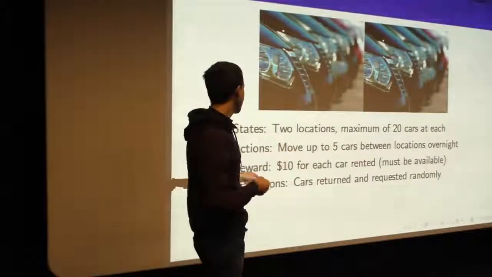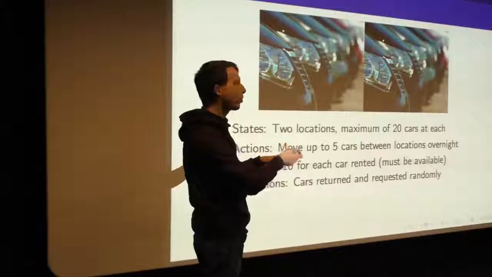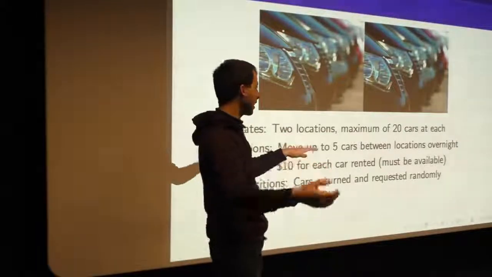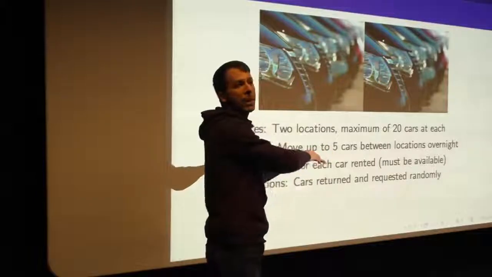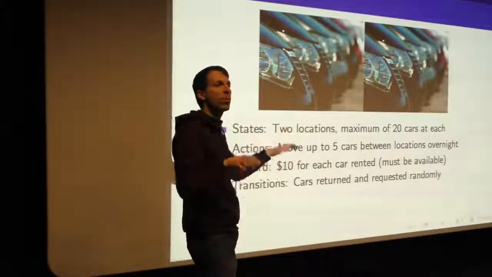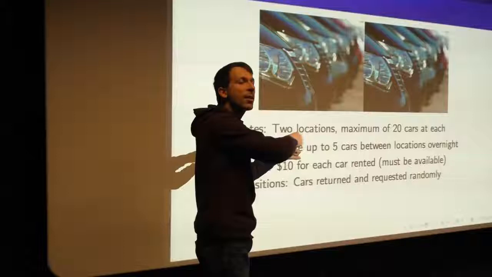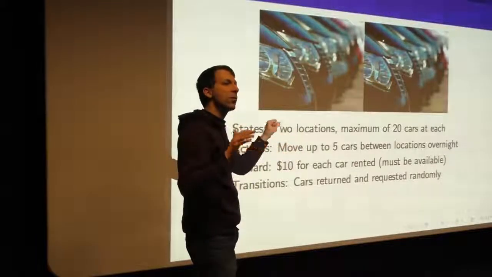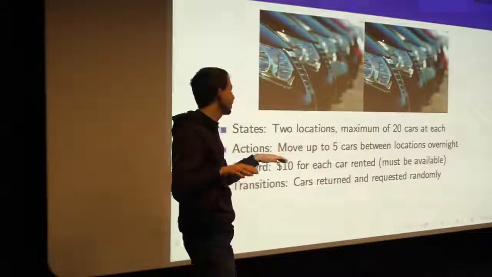There's a random request and return process where people randomly come in and rent cars from either one of these locations, and randomly they return cars to these locations. But the rate at which they rent and return the cars is different in the two locations.